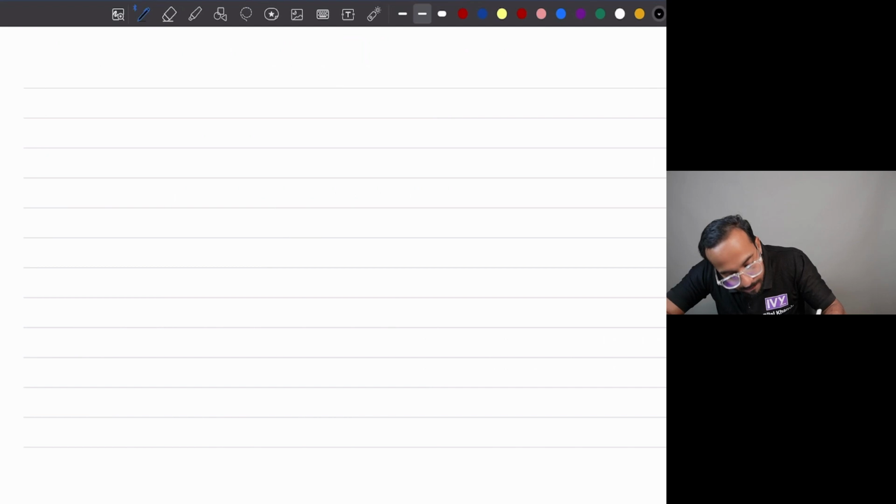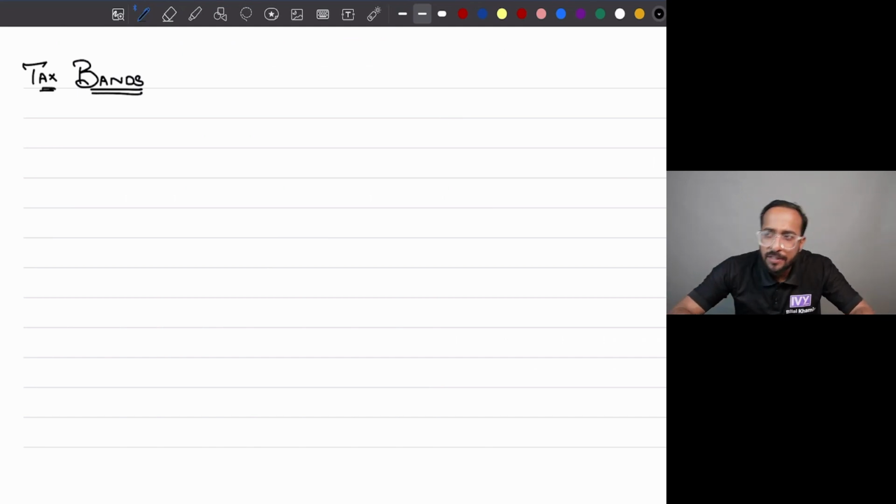These are called tax bands. You don't need to remember these bands. Basically, these will be given in your exam, but I'll make sure I give you that much practice that you remember these bands, right?